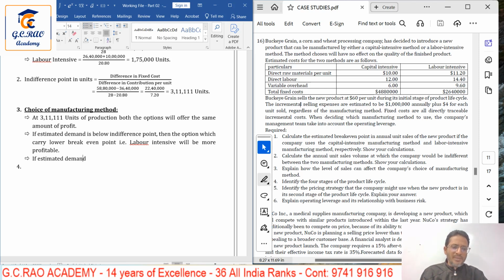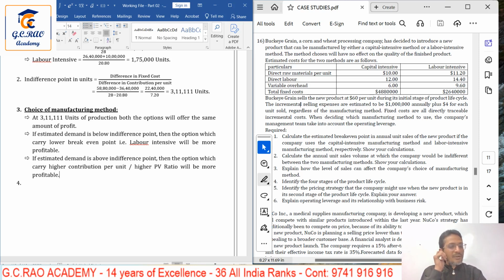Next remark. If estimated demand is above the indifference point, then the option which carries higher contribution per unit, or higher PV ratio, will be more profitable.